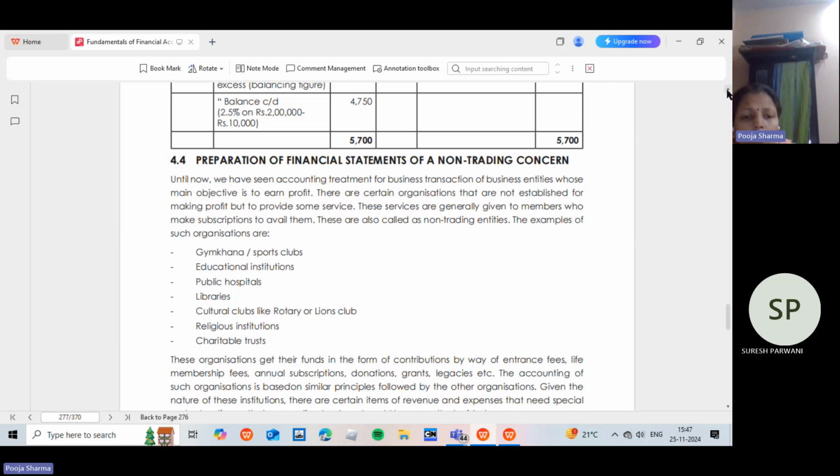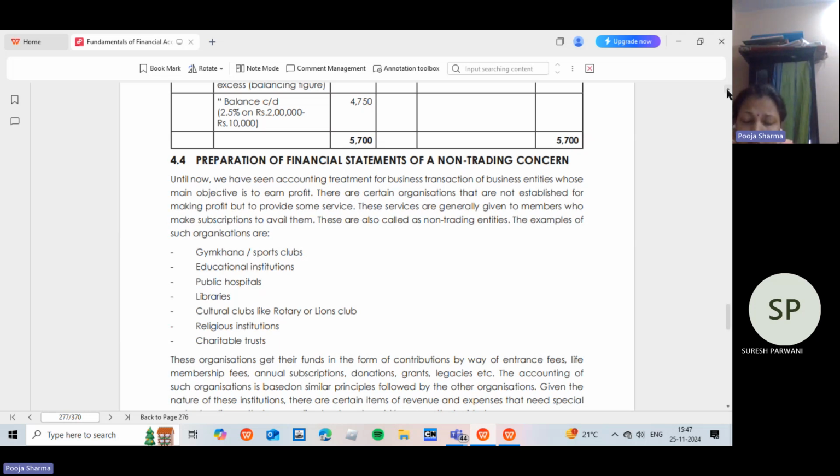Now, the accounting of such organizations is based on the similar principles followed by the others. The accounting treatment will remain the same as we have read about trading concerns. The same accounting principles will be followed for the non-trading concern or non-profit organization.